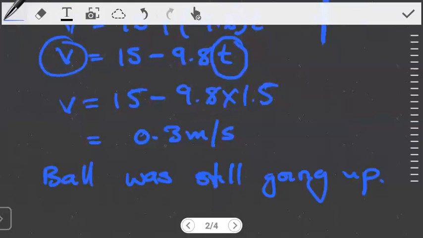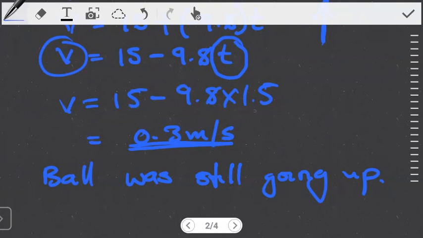So again, we're concluding that the ball was still going up because after 1.5 seconds, this velocity had not yet reduced to 0. I'm saying reduced because after 1 second, from 15, we're subtracting 9.8. So with the changing time, we keep on subtracting from 15.